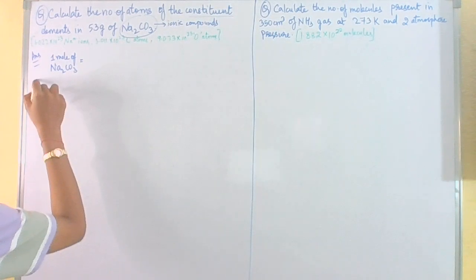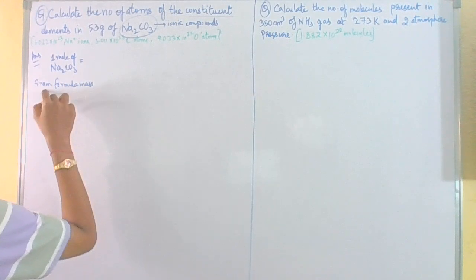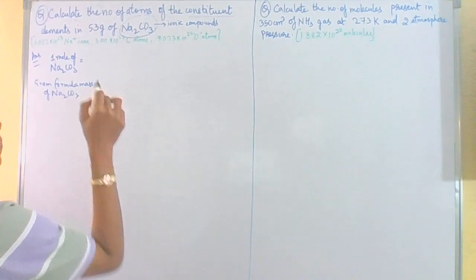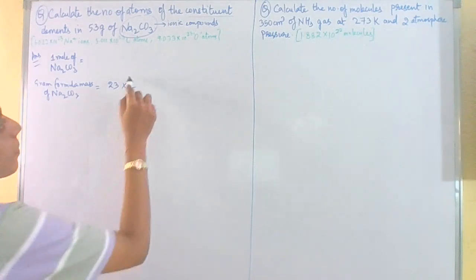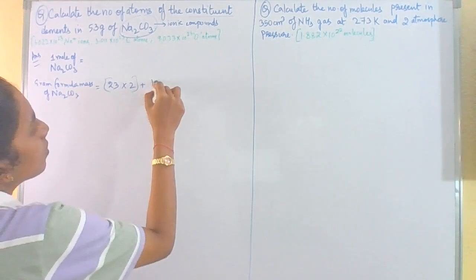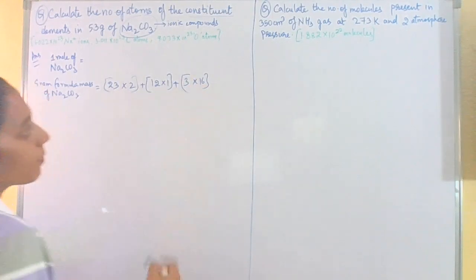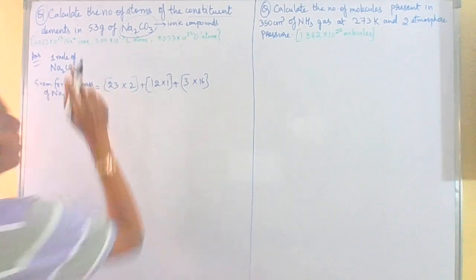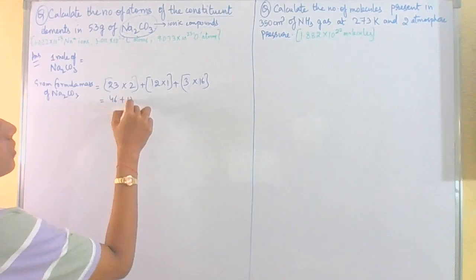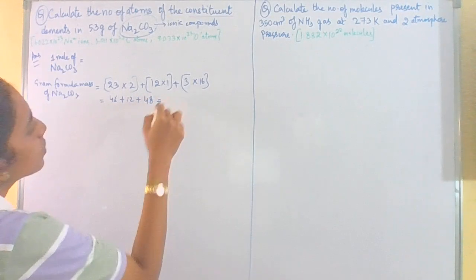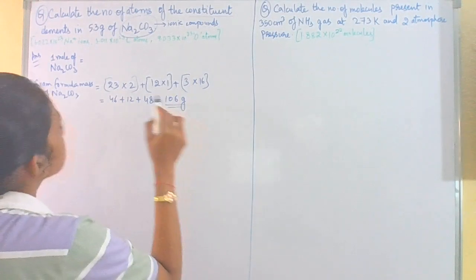It is equal to sodium 23, the atomic mass of sodium, into 2, because we have two sodium atoms, plus 1 carbon 12 into 1, plus 3 oxygens, 3 into 16. 16 is the atomic mass of oxygen, 3 is the number of atoms of oxygen present in Na2CO3. So 46 plus 12 plus 48 is equal to 106 grams.